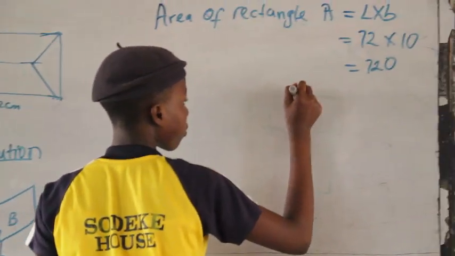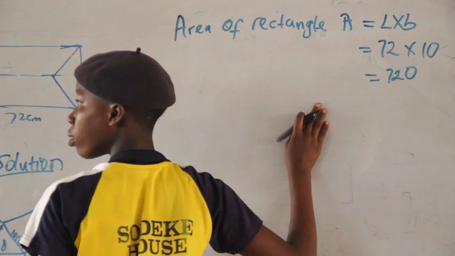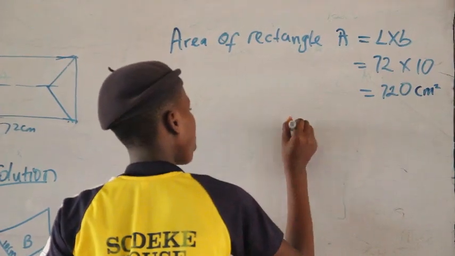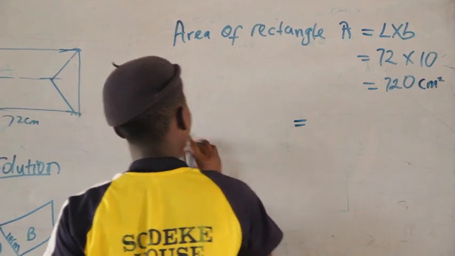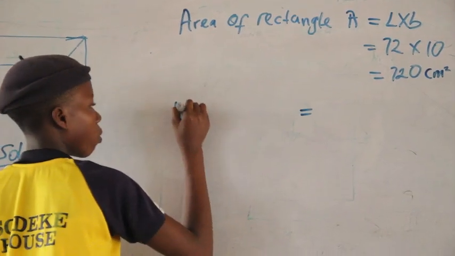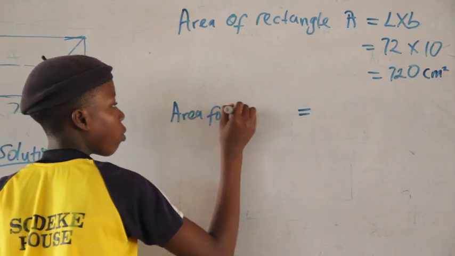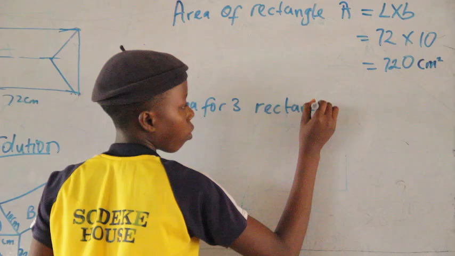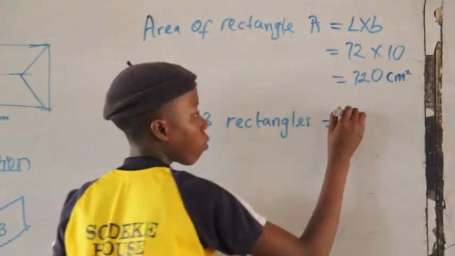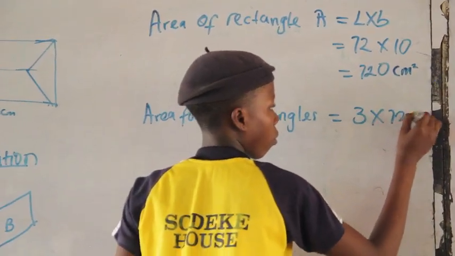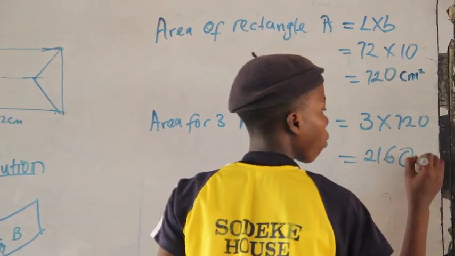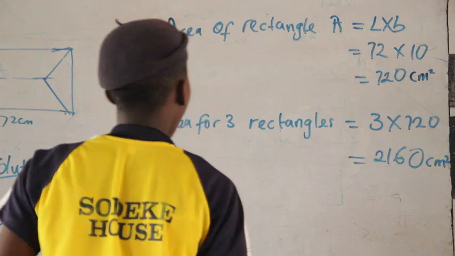Is it ordinary 720? There's no unit. What is the result? About 2160 centimeters square.